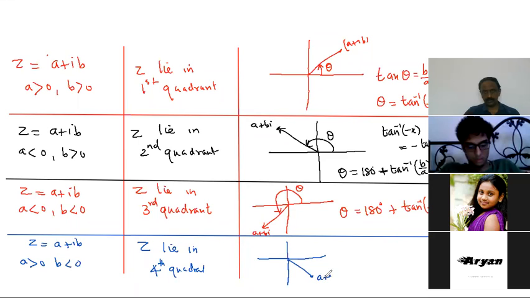This would be A plus BI. Since we are rotating all in one direction, now I need to subtract from 360 degrees. The whole thing is 360 degrees. So argument theta will be 360 degrees plus tan inverse B by A.